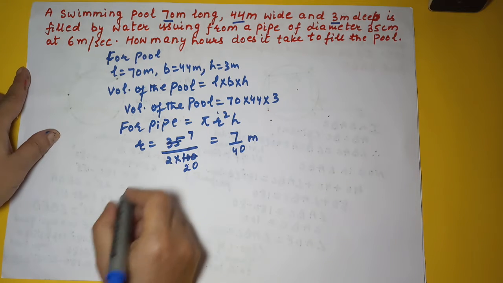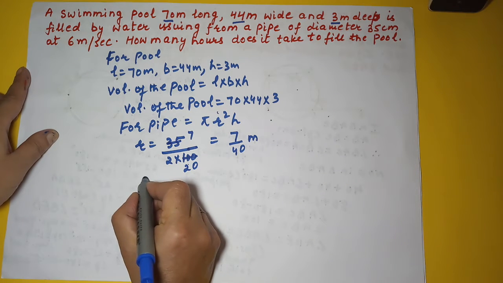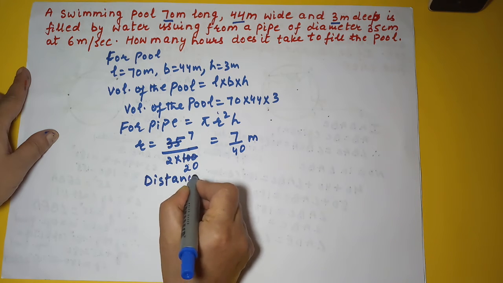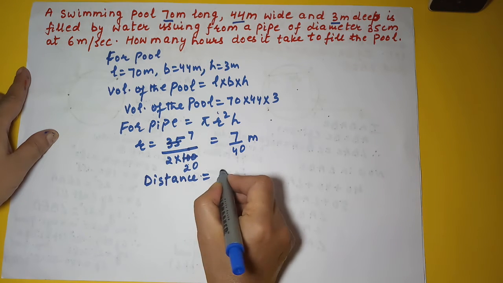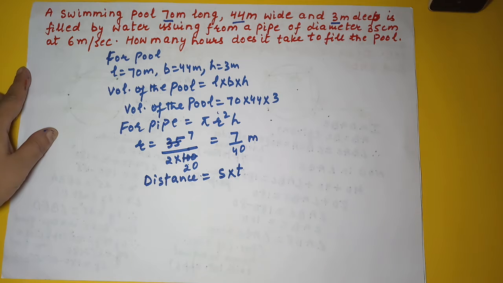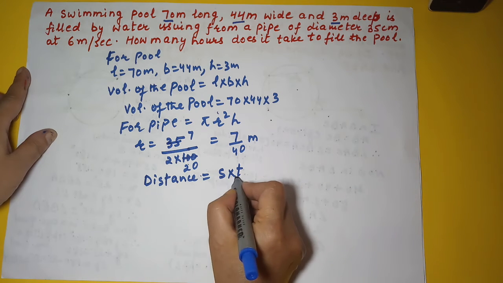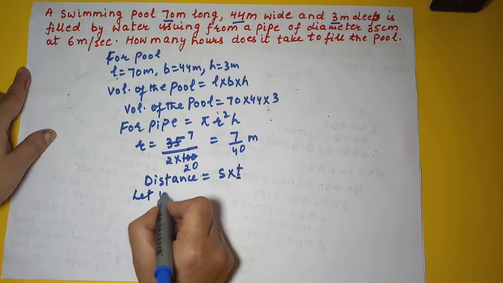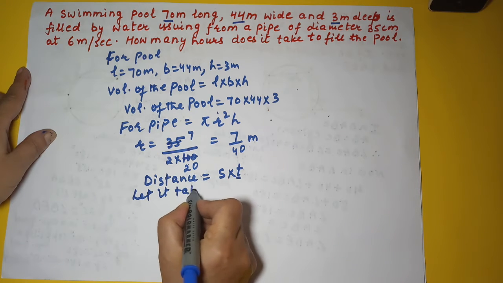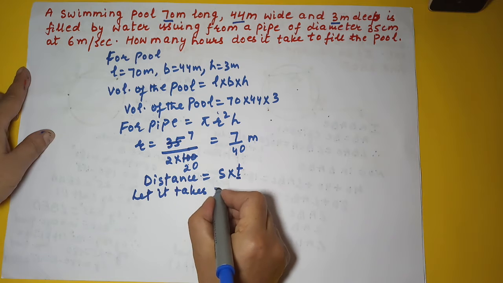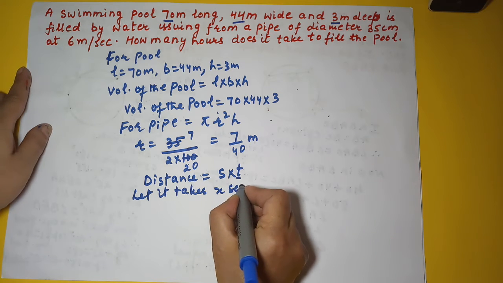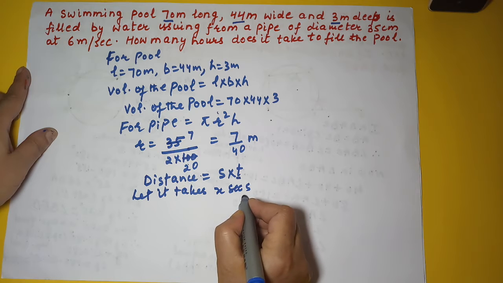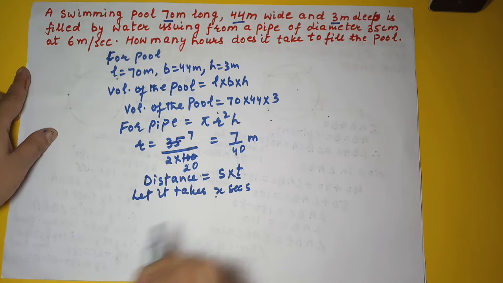Now height. How do I find height? We have discussed that the distance that water covers through the pipe is equal to speed into time, right? So time we have to find. So we will say that let it take x seconds. We'll write it in seconds right now and later on we will convert the time in hours.